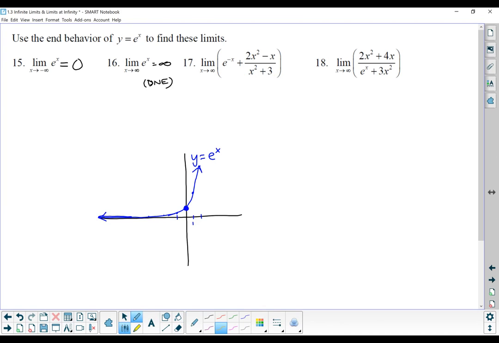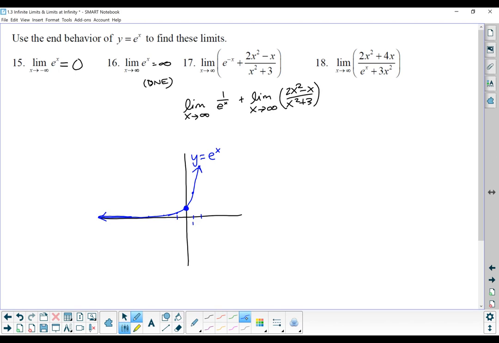So that first term, we want to think about the limit as x approaches infinity, and I'm going to rewrite this so that it doesn't have that negative exponent. E to the negative x is the same as 1 over e to the x. And then that second limit, I'm going to separate it just to help me think about it a little bit better. That's the limit as x approaches infinity of 2x squared minus x over x squared plus 3.